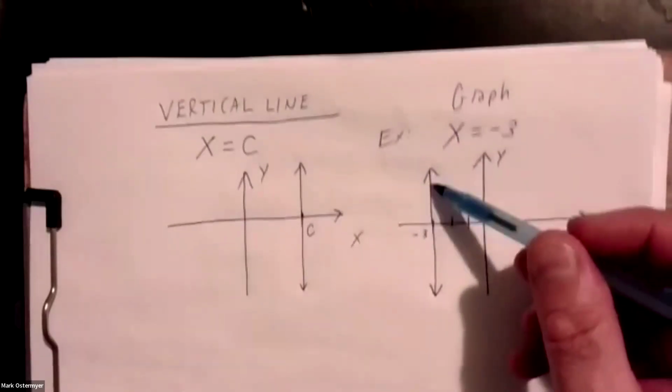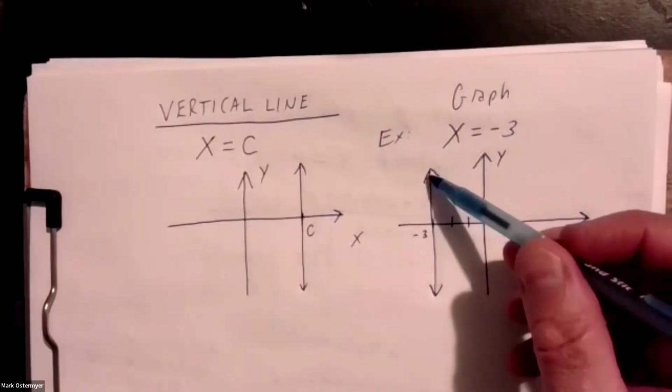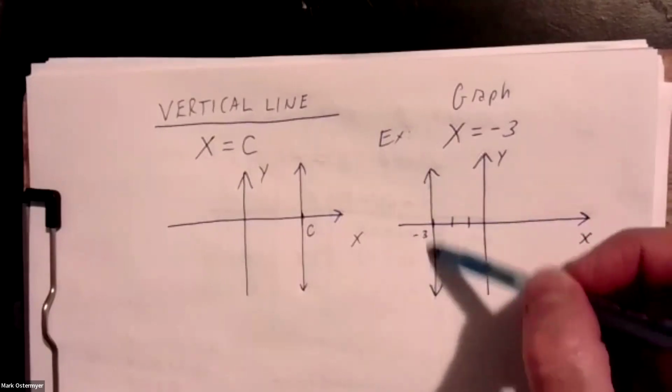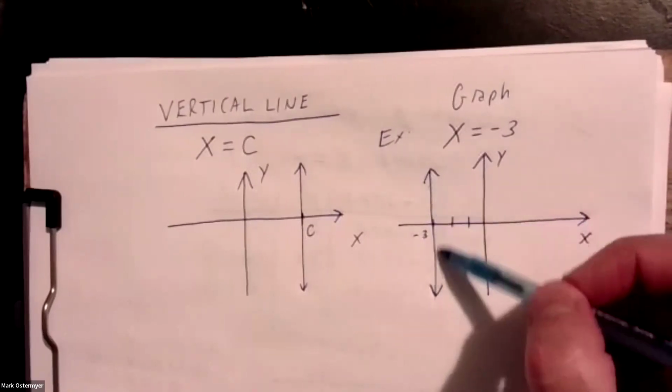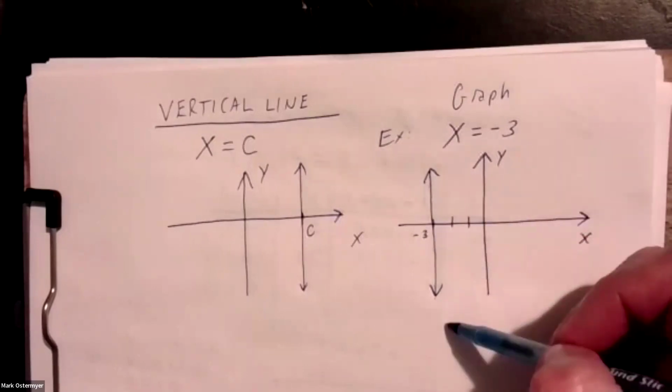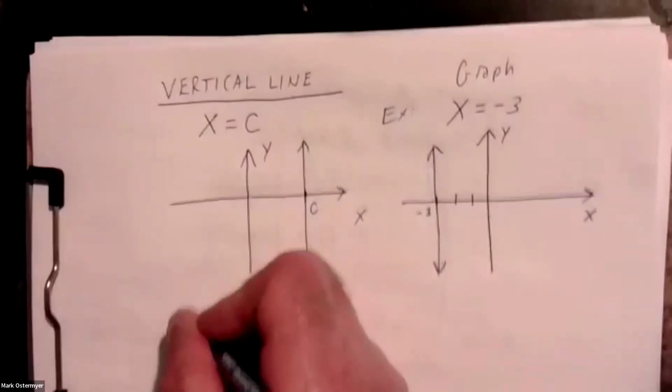Makes sense, because any point that's on this vertical line could have any y coordinate. Do you agree? The y coordinate could be anything. But the x coordinate is always stuck at what value? Always stuck at -3.